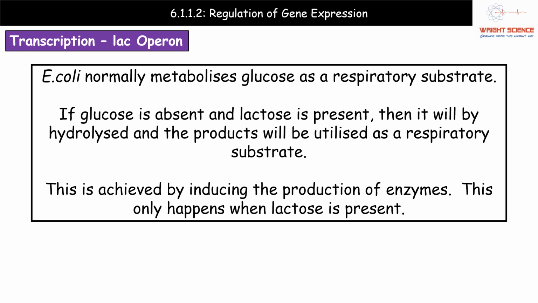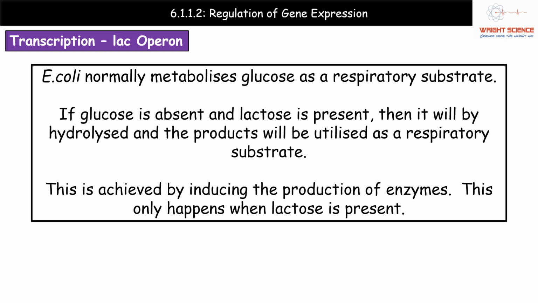We're going to be looking at E. coli then. E. coli is a bacteria commonly associated with food poisoning, but we're going to be focusing on the lac operon within E. coli. So the normal situation for E. coli is that it's going to be utilising glucose as its respiratory substrate. But there will be situations where glucose isn't available.